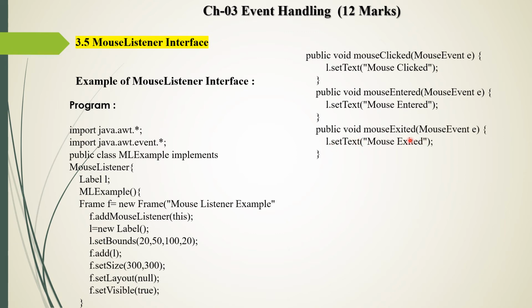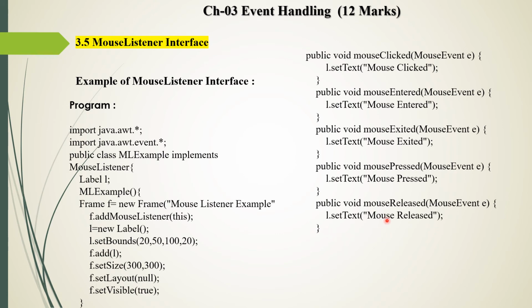Third method, mouseExited: the label is set to mouse exited. Next method, mousePressed. When this method is executed, the label is set to mouse pressed. And last, when the mouseReleased method is executed, the label is set to mouse released. So these are the 5 methods as we defined or overrode for the mouse listener.